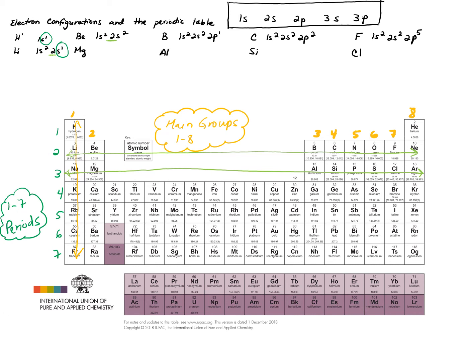If you check the electron configuration for sodium, you have 1s2, 2s2, 2p6, 3s1, also s1.